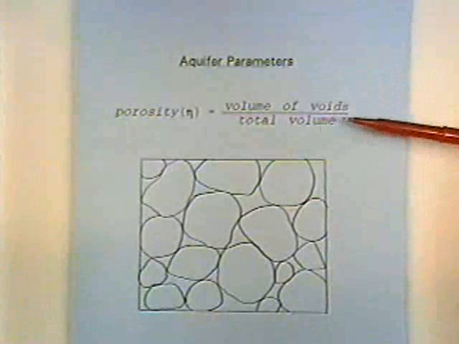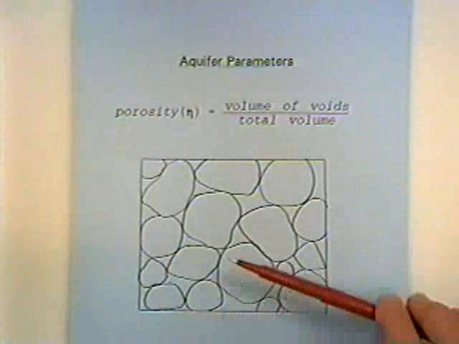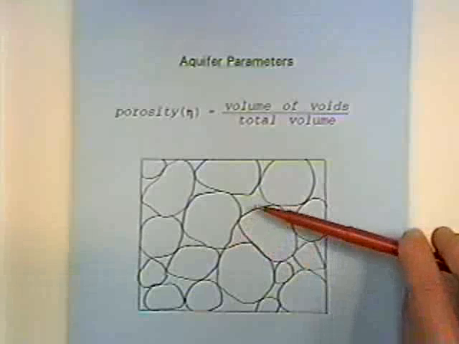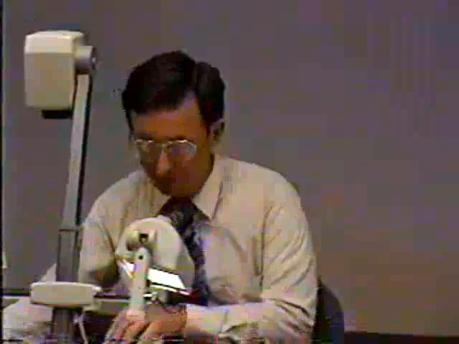And the aquifer parameters, porosity is very important. The volume of the voids divided by the total volume. And so the water is just in the voids in between the solid particles there. The volume of voids divided by the total volume is porosity, and then the hydraulic conductivity, some people call that the coefficient of permeability.